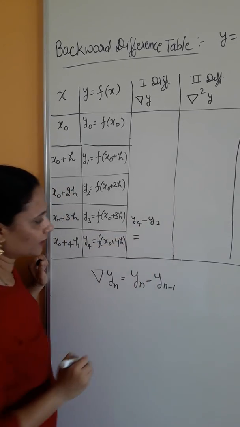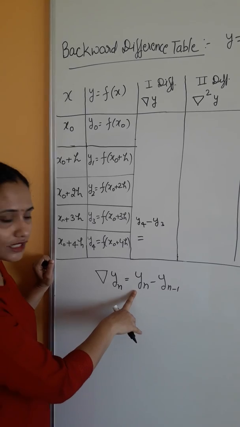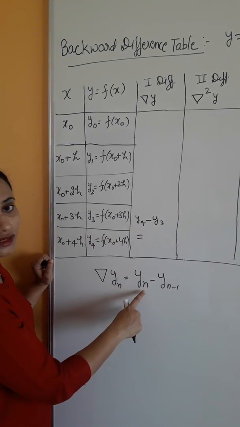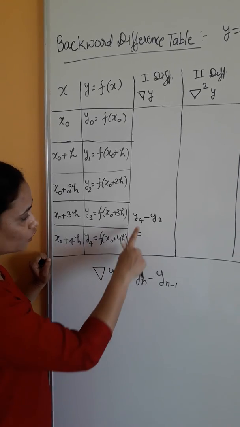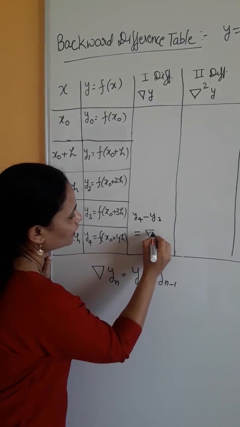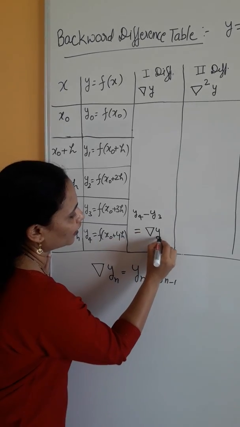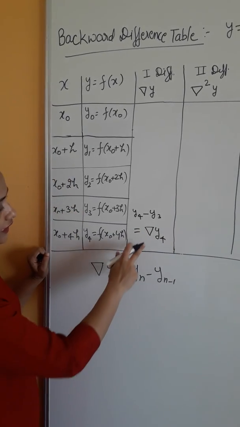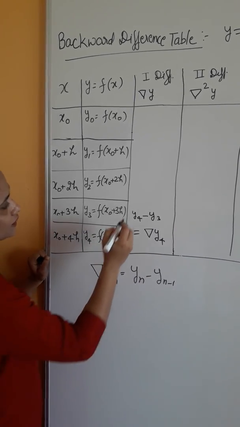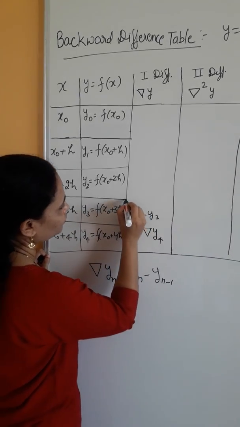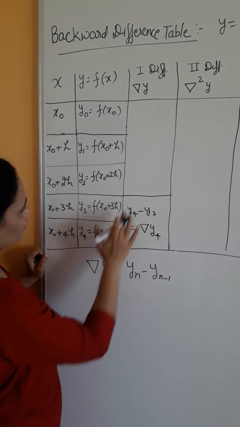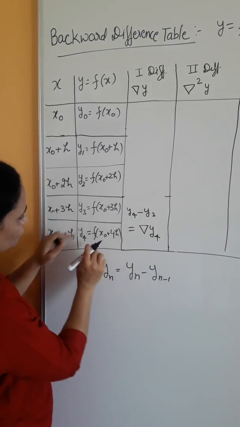How should I denote it? Refer to this general formula. Now in backward, we denote that with the final value. So what is the final value here? y4. So this will be written as nabla y4. So that is the first backward difference of these two. Similarly, if we go here, what should I write between these two? These two are done.